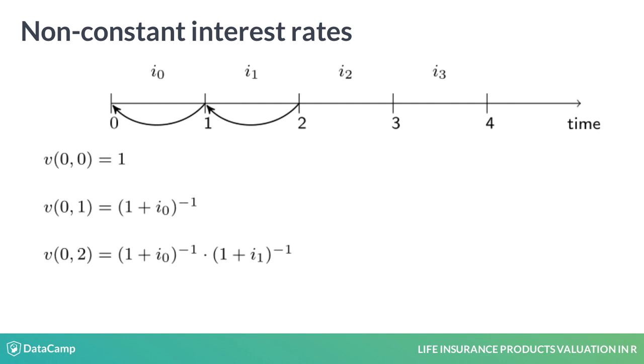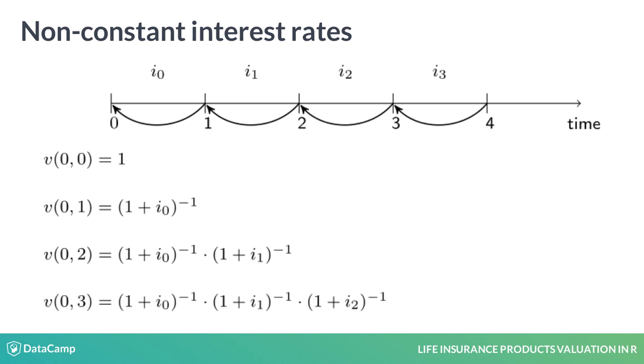And to discount €1 at time 2 to the present moment, you multiply the discount factor 1 over 1 plus I0 applicable to the first year and 1 over 1 plus I1 applicable to the second year, and so on. The rates Ik are given at the present moment, but they apply to a future time period. That's why people in finance would call them forward rates.